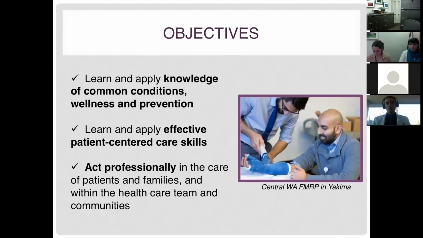Again, we'll go over that later. You'll learn how to effectively apply patient-centered care skills during your rotation, and professionalism in how you act with your patients, in your communities, and with all the providers, the staff, and everybody at your clinics.